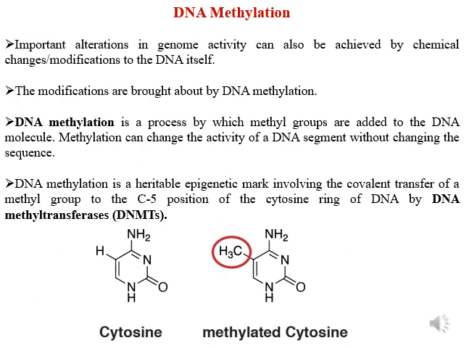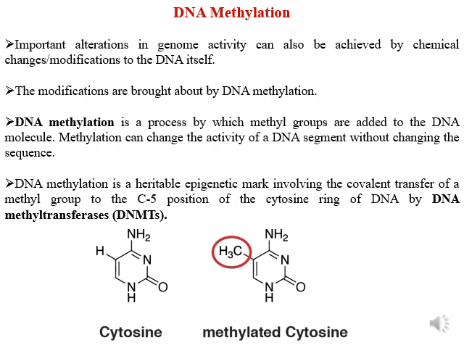So DNA methylations are modifications which are brought about in the DNA. As the name says, in methylation, methyl groups are added to the DNA, and methylation usually is a heritable mark. We have seen the two types of methylation also, right? It usually involves the transfer of a methyl group to the carbon 5 position in the cytosine ring of the DNA, and it is brought about by the enzyme DNA methyltransferase, also called methylase.